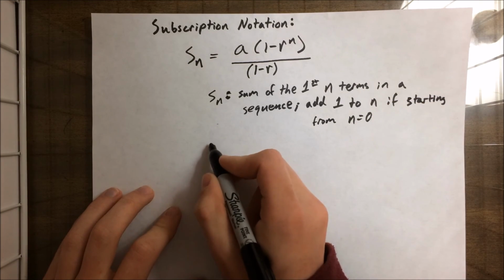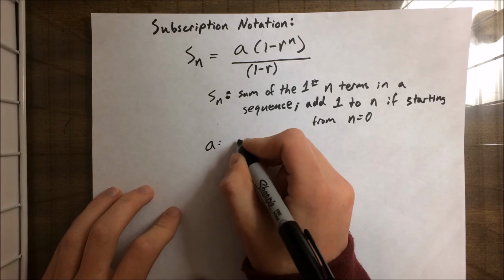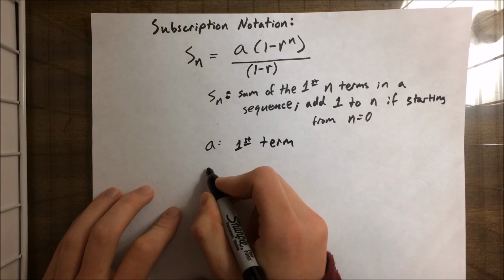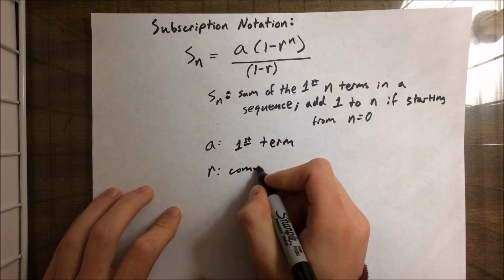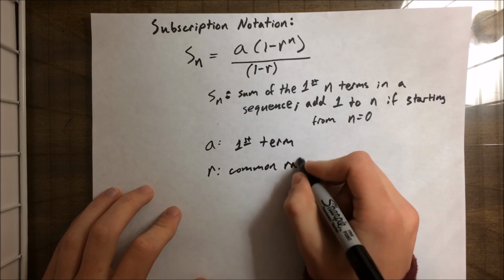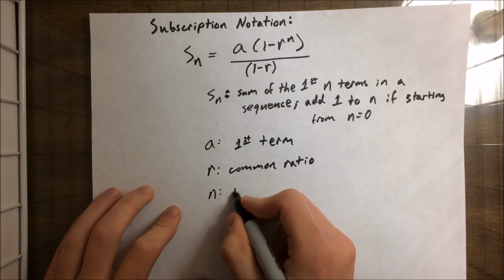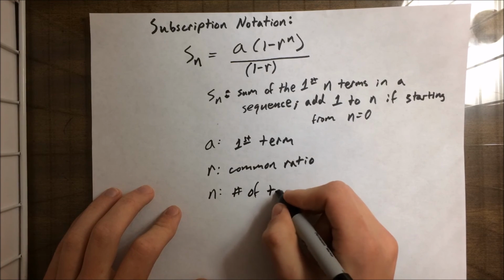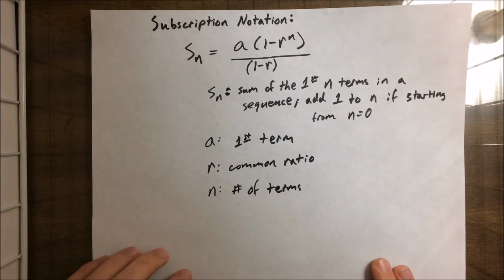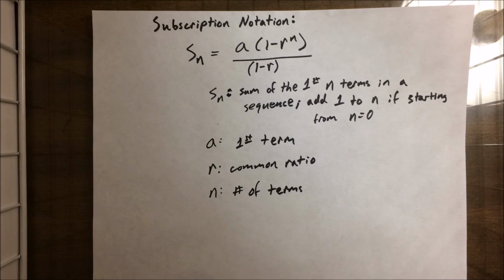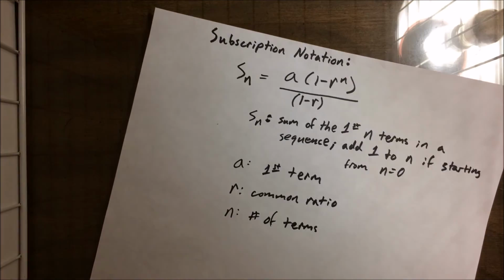And then a is the first term, r is the common ratio, and n in this case is the number of terms. Okay, so with this, let's go ahead and do a couple examples. We're going to start with a couple examples of summation notation.